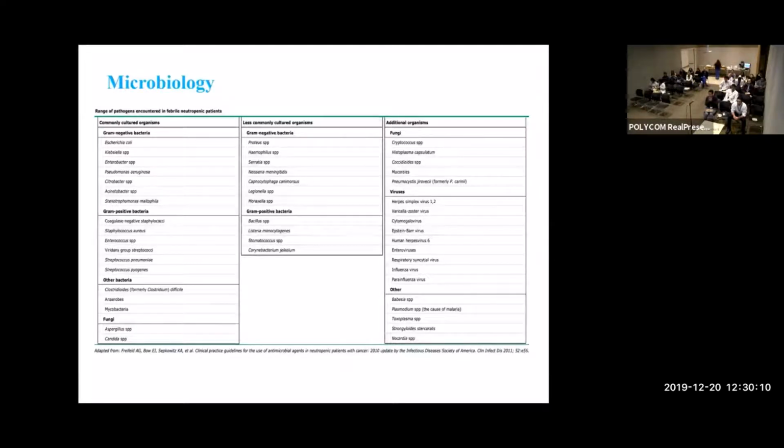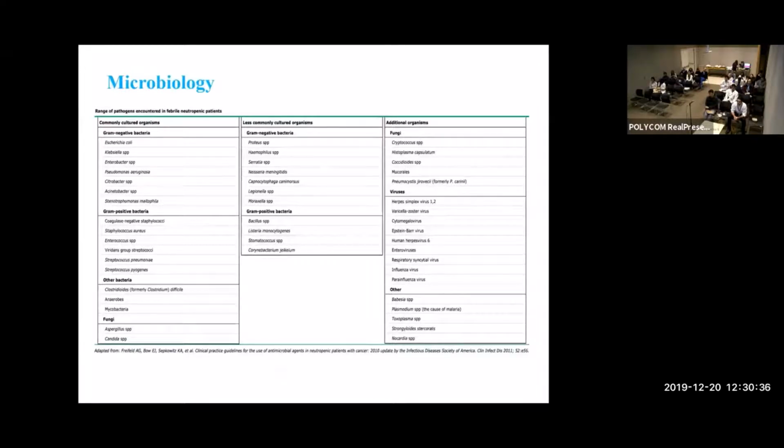And obviously, the gram-positives associated with the more severe infections are staph, specifically MRSA. Strep viridans is also very pathogenic and virulent in these populations, and enterococci. Polymicrobial infections are infrequent, but they can occur. And for the fungi, the most commonly associated are Candida and Aspergillus.